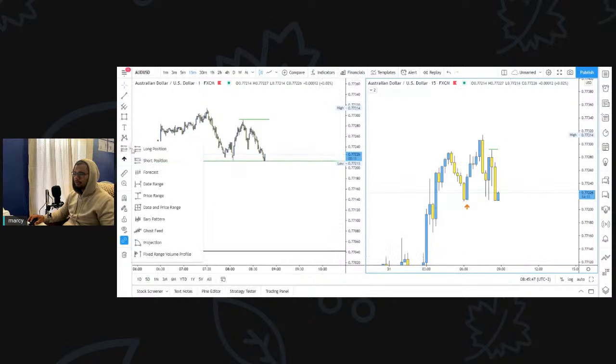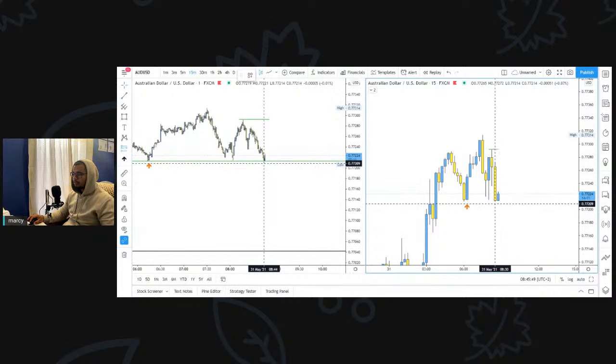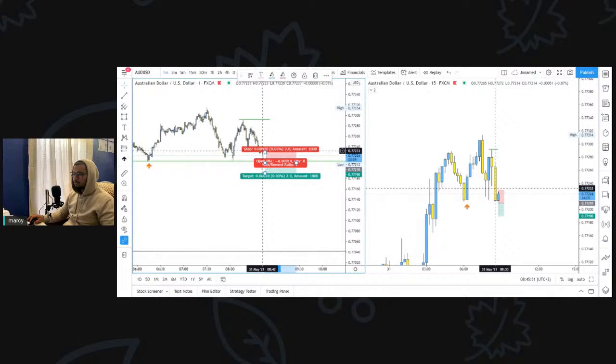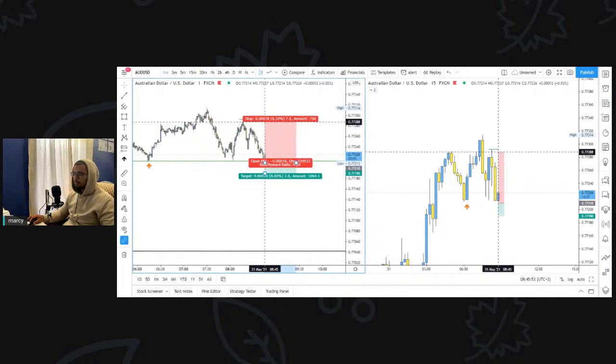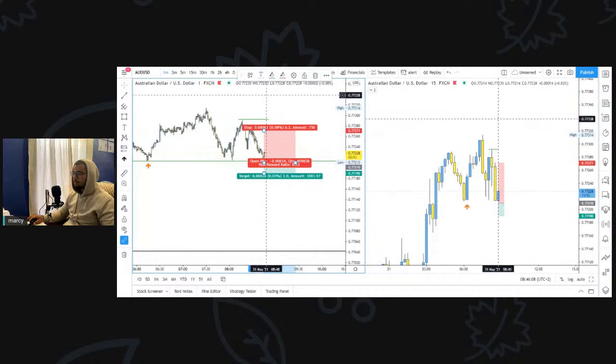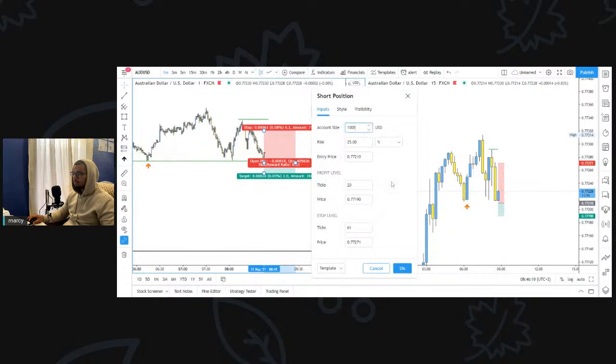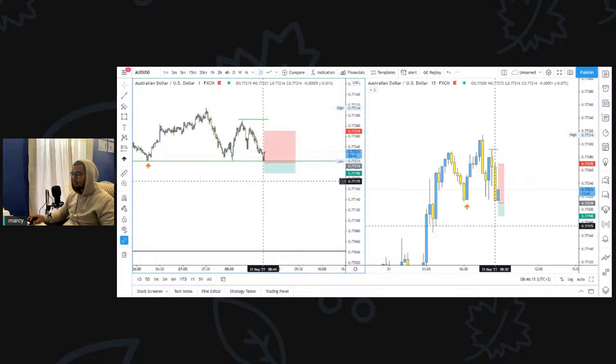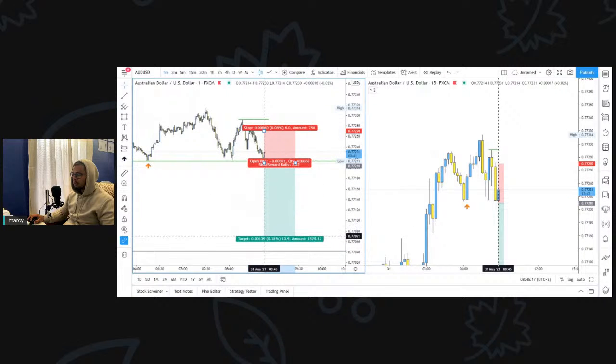So what you can do is possibly enter at this region right here, place your stops above there, with a 6 pip stop loss. That's quite conservative. And then go for about the 1 to 2.